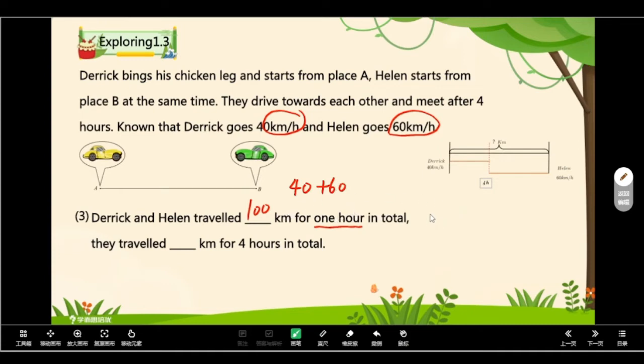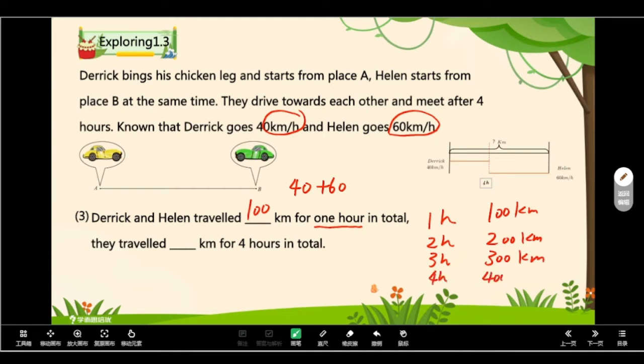Okay, so now if we go for 1 hour, we can travel 100 km. And how about 2 hours? We can go 200 km. So 3 hours? 300 km. Then it is very obvious. How about 4 hours?